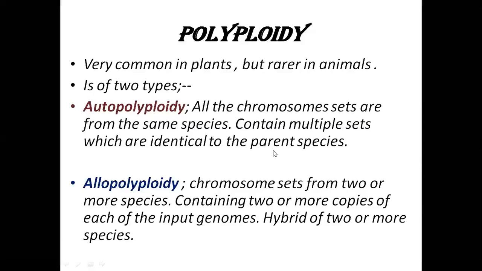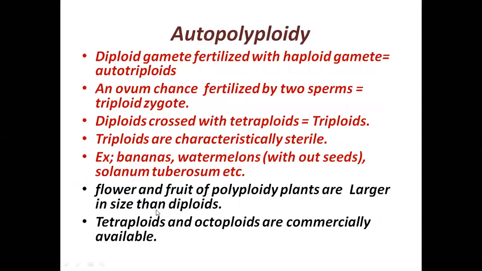Allo means different. So in allopolyploidy, chromosome sets are from two or more species, containing two or more copies of each of the input genomes. So these are basically hybrids of two or more species. Now, triploids or autopolyploids can arise in a number of ways.